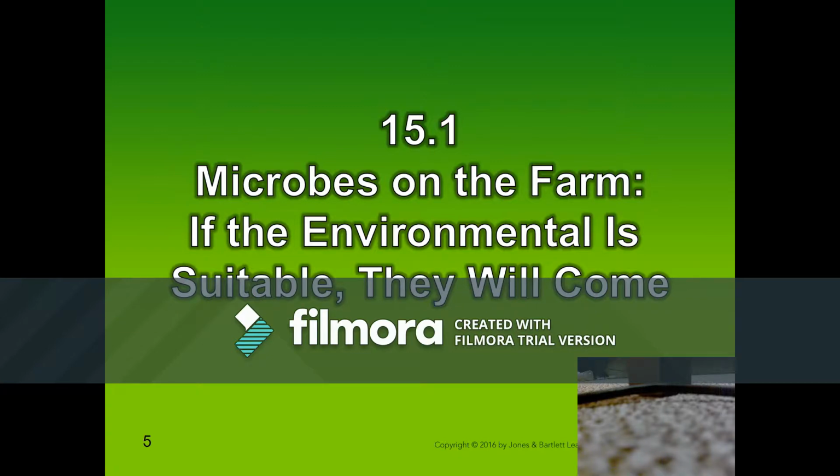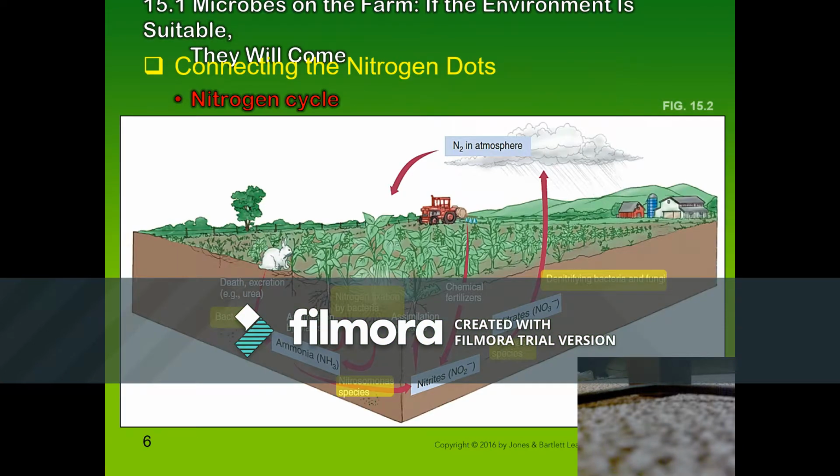Microbes on the farm. So we have to be thinking about the nitrogen cycle. Nitrogen is one of the essential nutrients that any plant will need. You need nitrogen for making chlorophyll, the green pigments, and doing some of the reactions that are necessary.